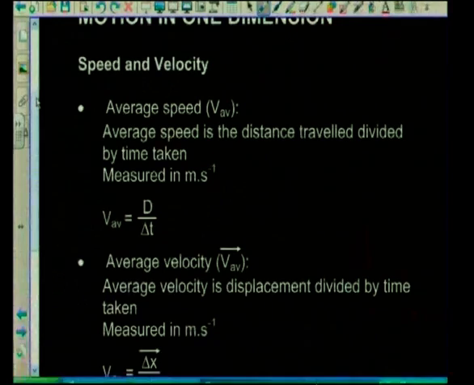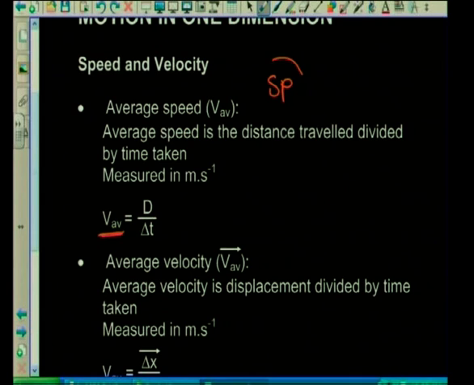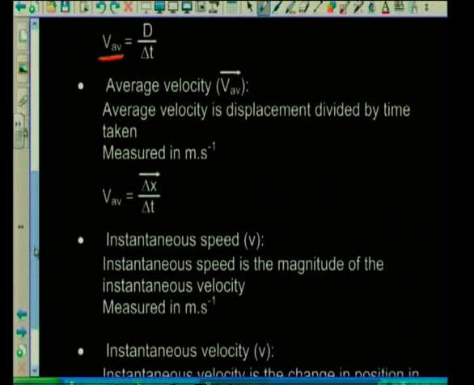In this section, we're not going to use speed very often, okay? We generally are only using average speed as well. Average speed, no arrow on top of the v, okay? SP is not a symbol for speed. Do not use it.